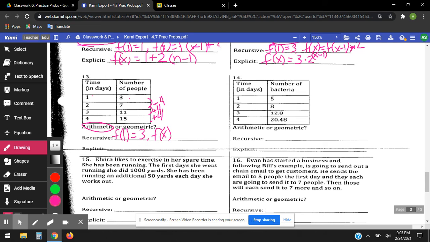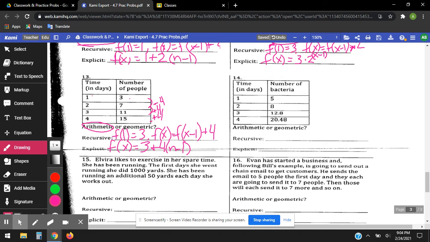F of x equals my previous term, f of x minus 1, and what am I doing over and over? Adding 4. So explicit then, I started with 3. I'm going to add 4 over and over. I need to take out that first term.